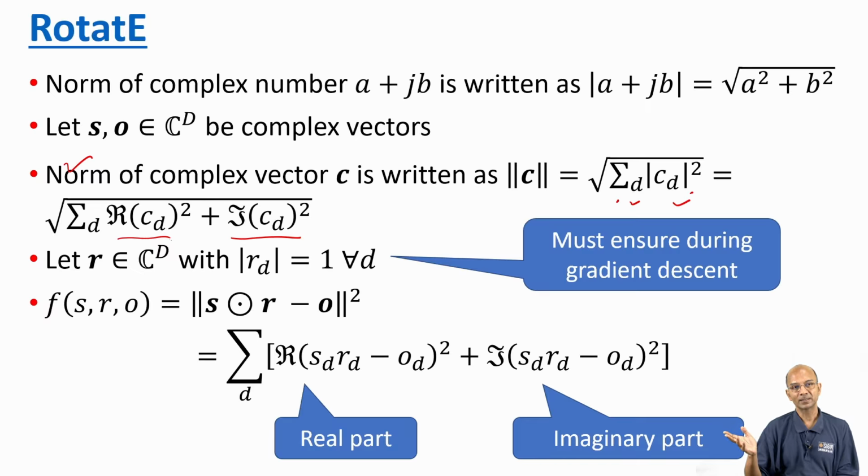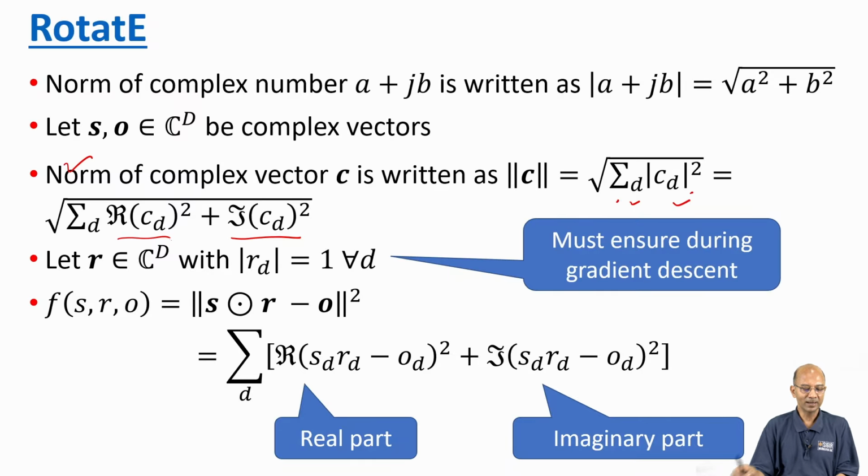We will insist that the complex vector corresponding to a relationship has to have norm 1 in all its dimensions. So when we optimize these models through gradient descent, we must ensure that every complex element of the vector R has to have unit modulus or amplitude.